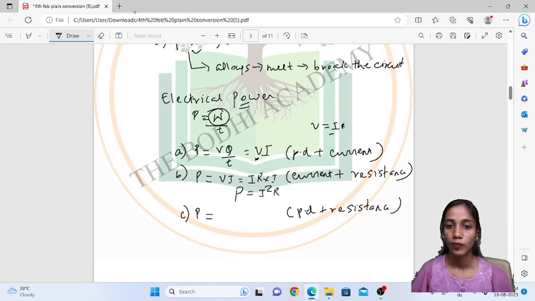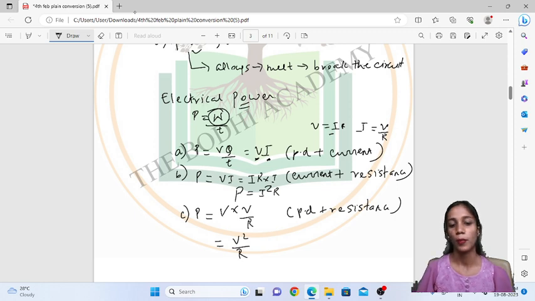Now we know that I is also equal to V upon R. So in the third case, we will be substituting I with V upon R. This V we write as it is, into I, which is V upon R, which will be equal to V square by R. So there are three forms.